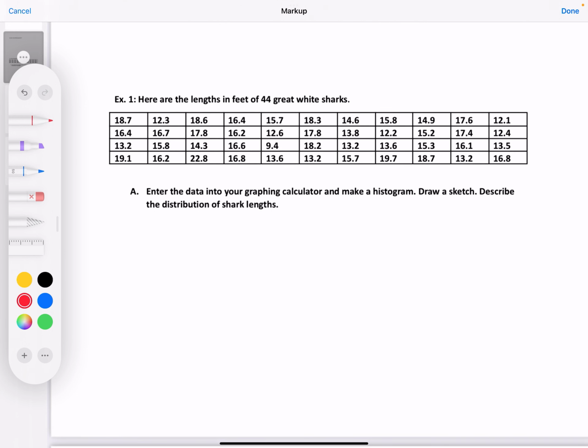I forgot it's second. It should just be stat and then edit. And there should be enough numbers there to overwrite whatever was there before, but you can clear the list if you want. You guys have abilities in it? Yeah. Yay.